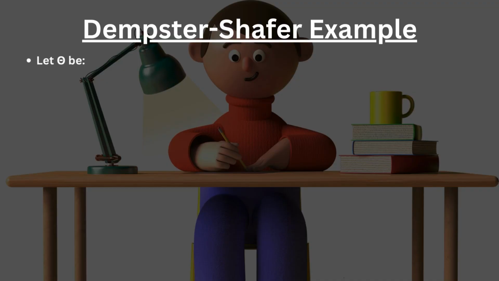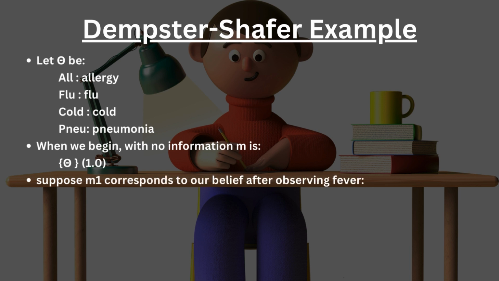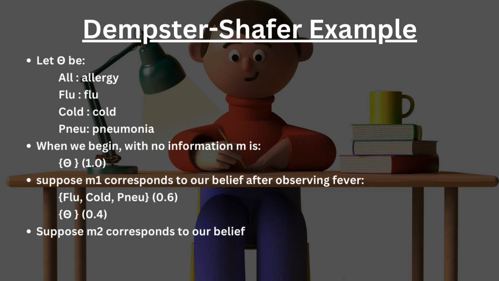We will see one example of flu, cold, pneumonia and allergy, which is given here. Initially, with no information, our belief function m is theta 1.0. Then the second belief, m1: after observing fever, our belief function m1 becomes flu, cold, pneumonia with 0.6 and therefore the frame of discernment, theta, is 0.4.